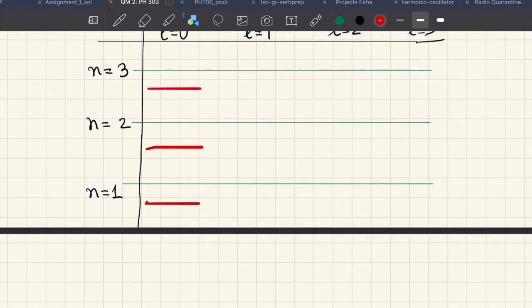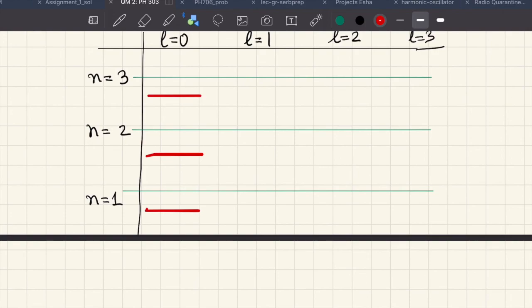Let me draw them first, then I will explain. Here also it has gone down, gone down, gone down, gone down, like this.